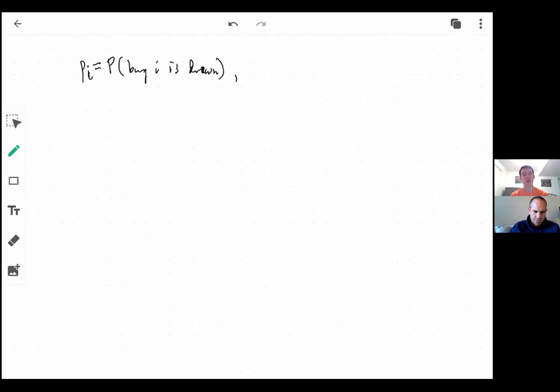There were R. So 1 is less than or equal to i is less than or equal to R. In other words, the sum of the Pi is 1.